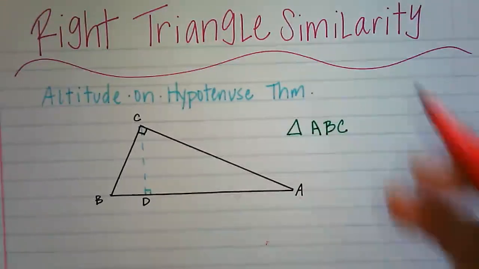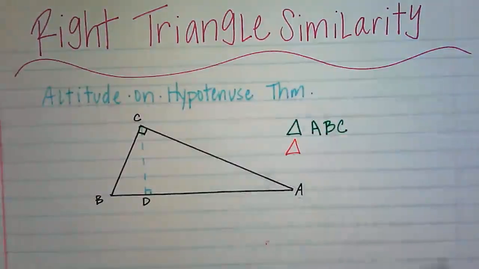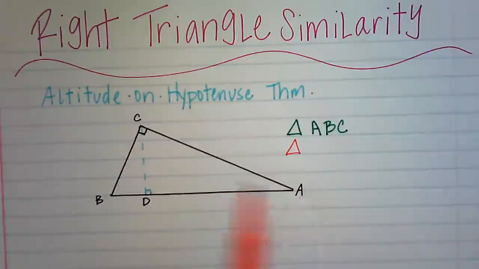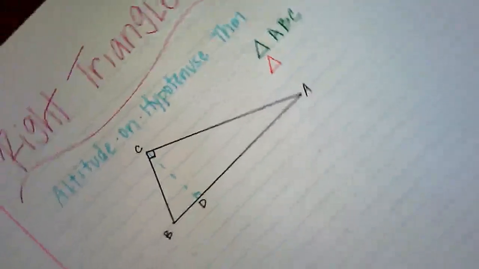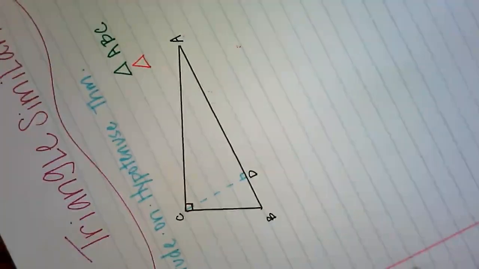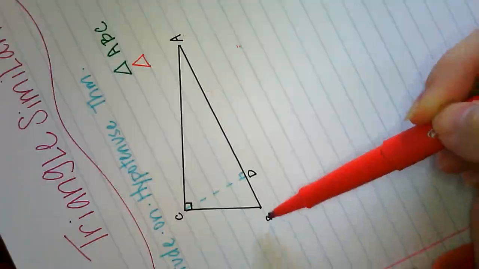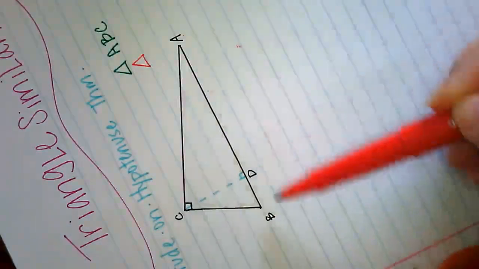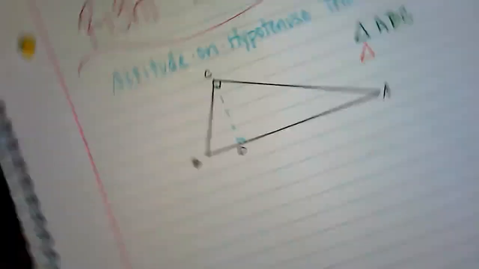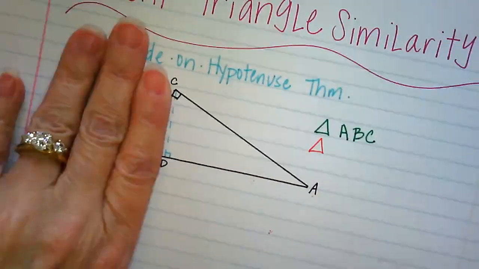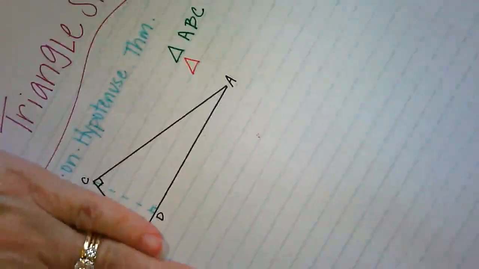Then we have Mama Bear, and I'm going to do Mama Bear in red. Now if you paid attention to how I named Papa Bear, if we turn him like this, you can see I did the hypotenuse to the right angle, so A, B, C. So when I name Mama Bear, I'm going to do her hypotenuse. So this is Mama Bear right here.